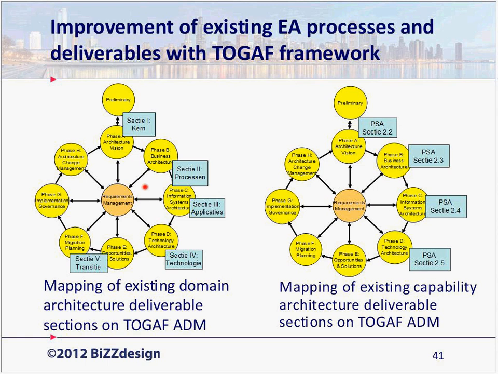The thing is, this organization tends to always use its own terminology. So their tactic here was to take stuff from TOGAF and put it in their own deliverables. Not only on the domain architecture side, but also, for example, on the capability architecture side.